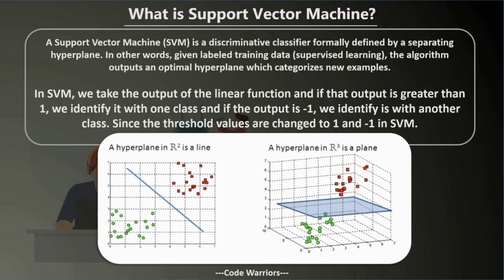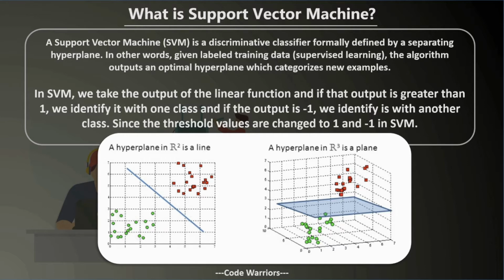As you remember, support vector regression provides a threshold around the hyperplane. Similarly, it works here as well. It provides a threshold around it and sets the value of the hyperplane as 0, the upper margin of the hyperplane, that is the upper threshold, as 1, and the lower threshold of the hyperplane as -1.